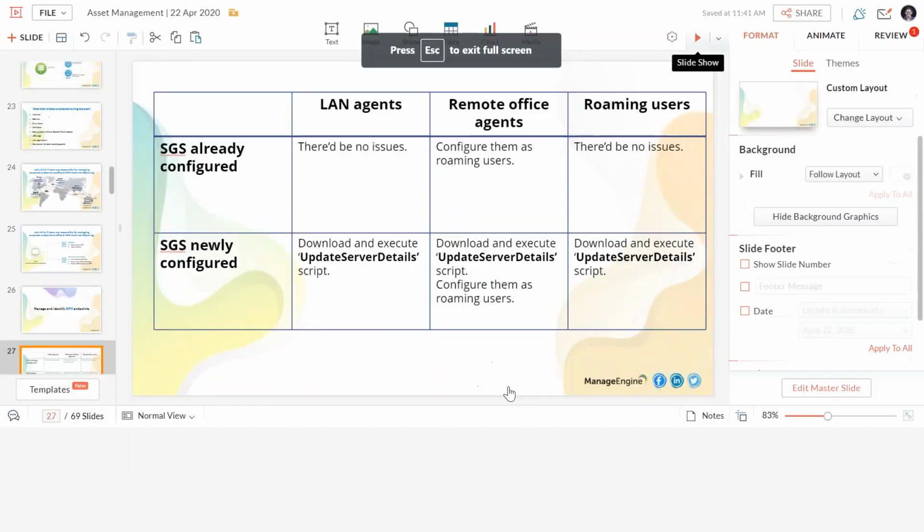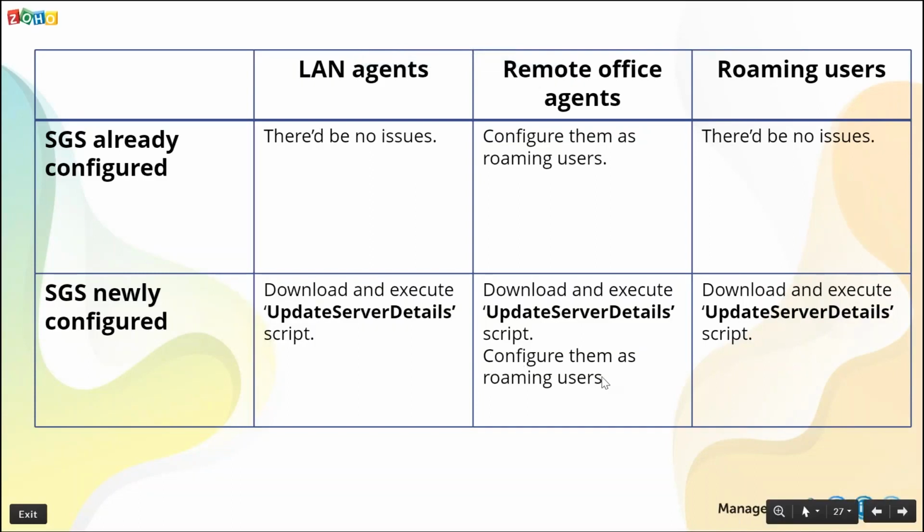For remote office agents, you will have one additional step wherein you'll have to configure them as roaming users. I just showed you the steps that you have to follow for configuring branch office agents as roaming users. Now, by doing so, all the remote office endpoints will start contacting the Desktop Central server directly instead of communicating through the distribution server.